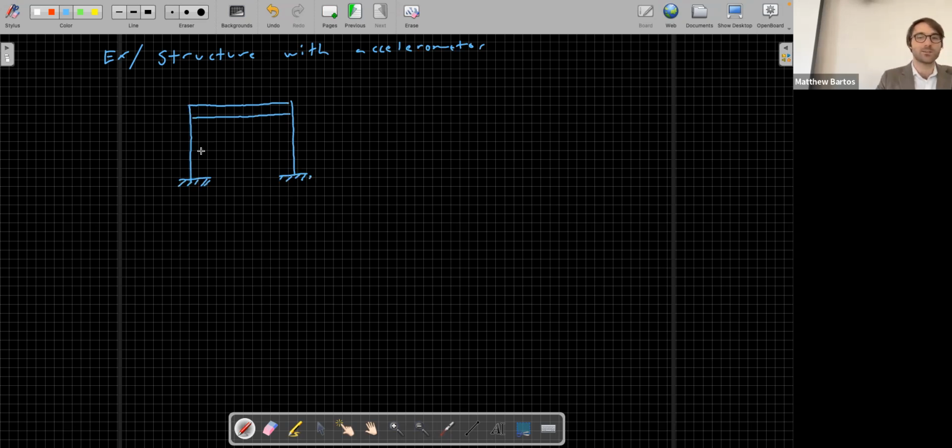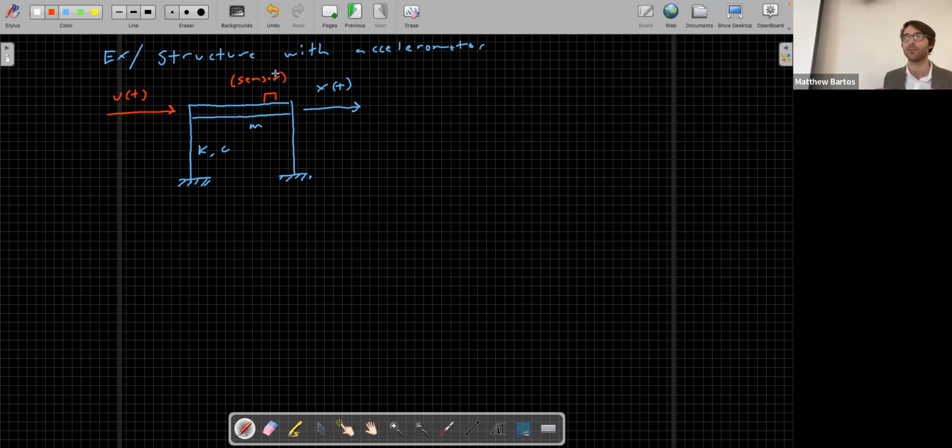Okay, so in this case, we have our structure as before. It has stiffness K, damping C, mass M. We're going to have some input, which I'll call U of t, and we have a displacement, which I will call X of t. But this time, we're going to have a sensor located on the structure that's going to measure the acceleration.